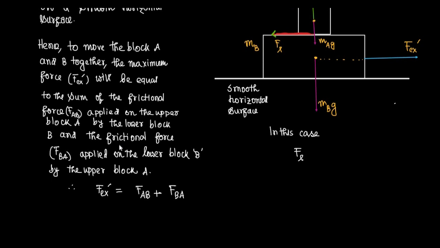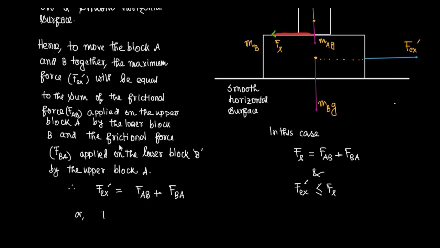In this case, the limiting friction FL is equal to FAB plus FBA, and the applied external force Fex prime will be less than or equal to the limiting friction FL.